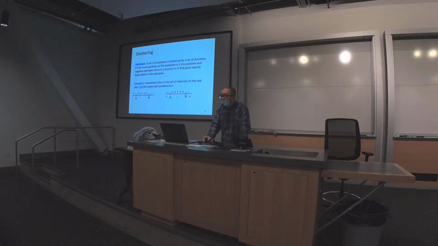The free interval hypothesis space is more flexible than the left bounded interval space, in that now they can shatter 2 points, but they cannot shatter 3 points. So you can see that their expressiveness is still quite limited.